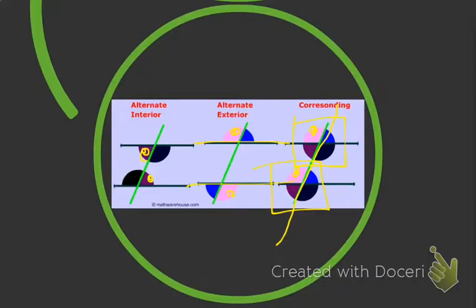So alternate interior, opposite sides, inside the 2 lines. Alternate exterior, opposite sides, outside the 2 lines. Corresponding, same position in each intersection. So here it is all cleared up.